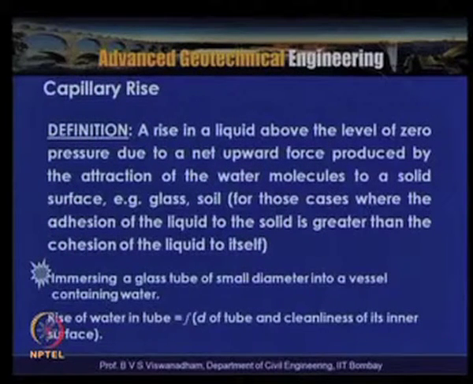So, immersing a glass tube of small diameter into a vessel containing water, we can say that the rise of water in the tube is a function of the diameter of the tube. Here the diameter of the tube is nothing but the pore diameter, and also the cleanliness of its inner surface. That is, if we have soil solids which are not contaminated, then we can say that alpha is equal to 0 for the cleanliness of the inner surface.